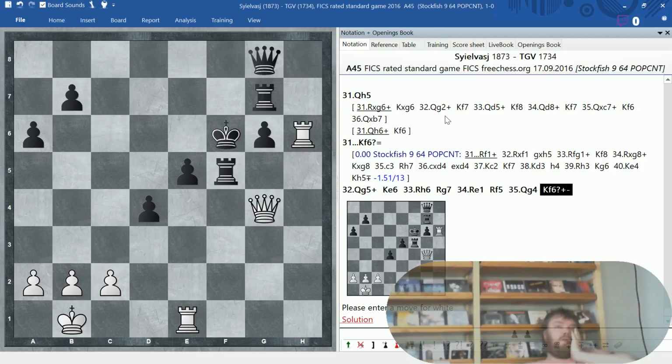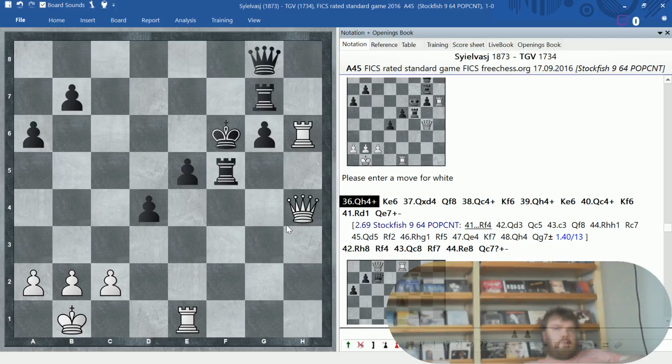I understand that the pawn is pinned. And so if Queen h4, Rook g5, Rook f4, check. Is that the point? Yes, my young partner. Okay.